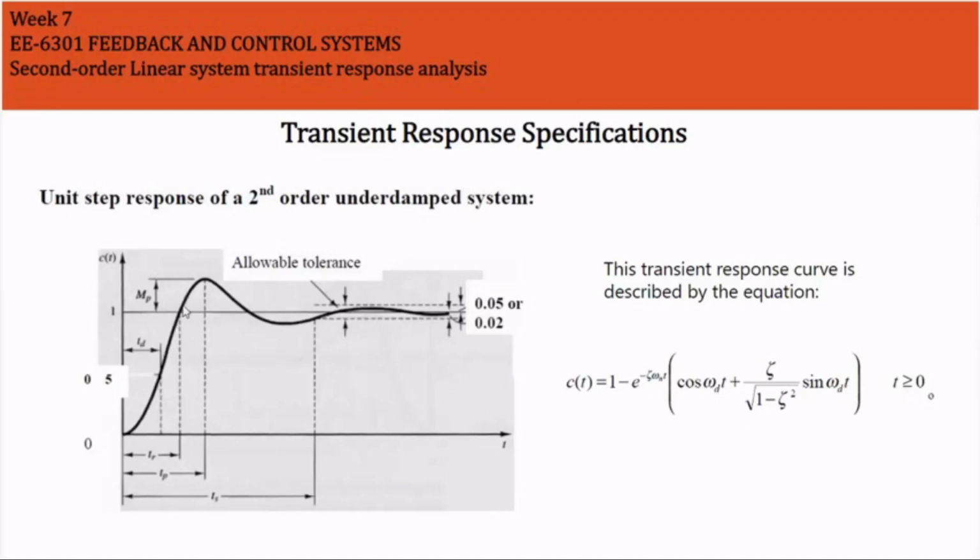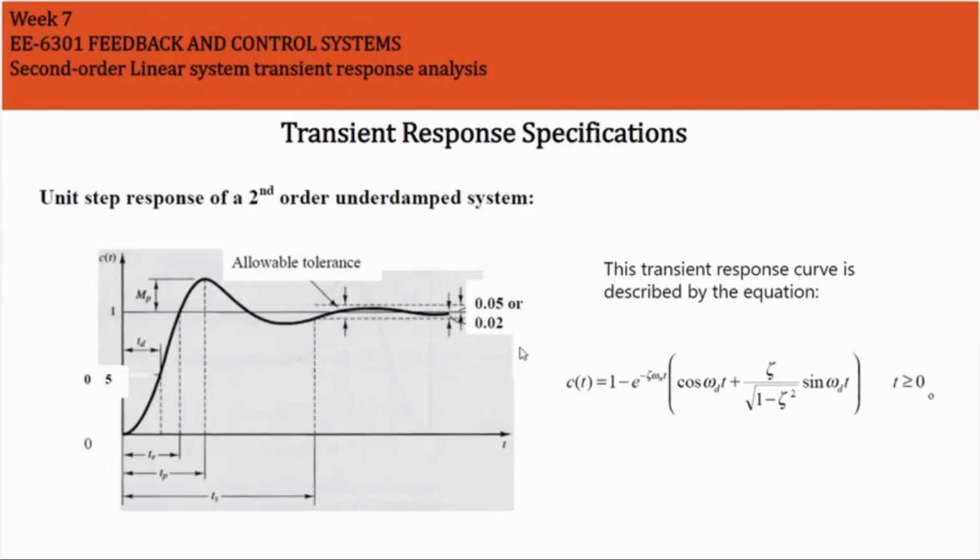As you can see, we have an exponential rise in our graph, then it goes down to a point lower than 1. Then we have another rise wherein we have an allowable tolerance, which is 0.05 or 0.02.